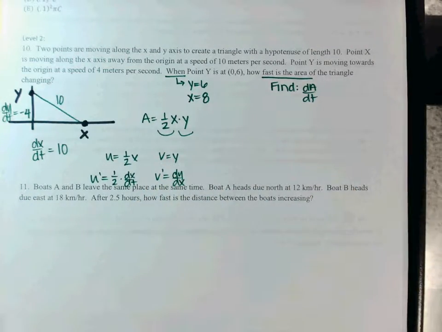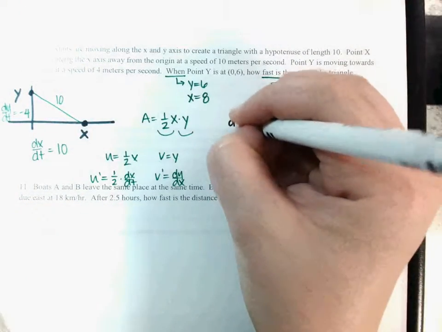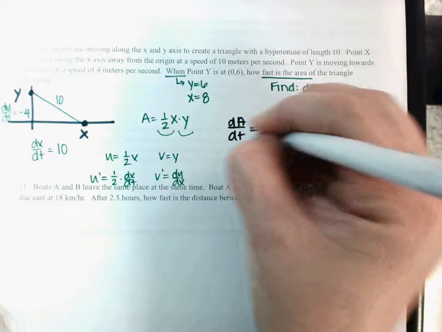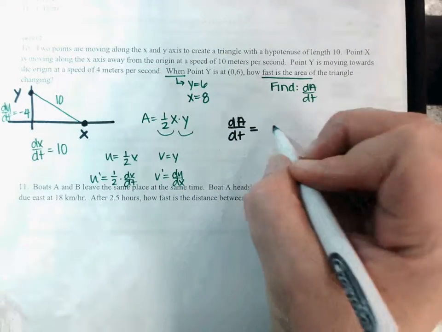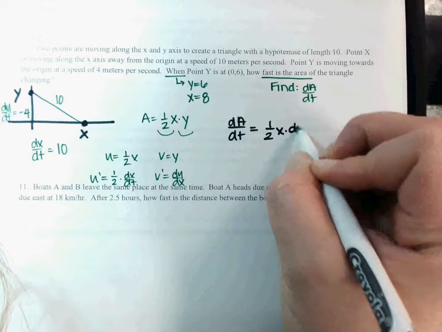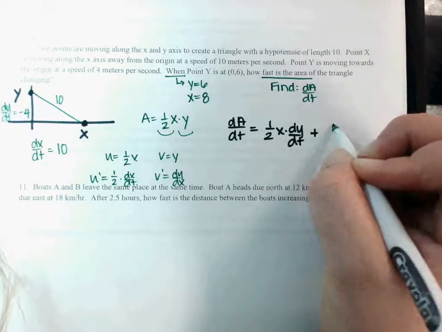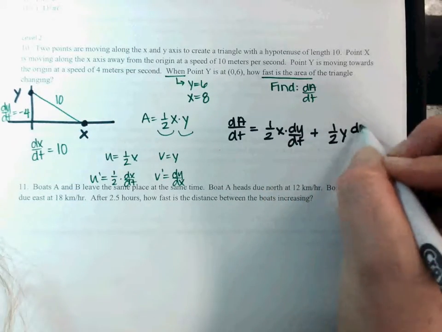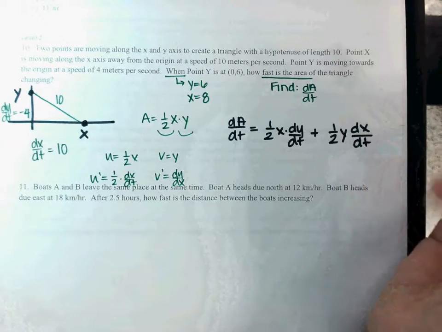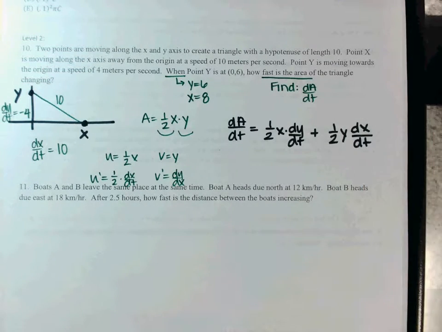And so then my derivative of A would be dA dt equals 1/2 x dy dt plus 1/2 y dx dt. And then from there you just be plugging stuff in.